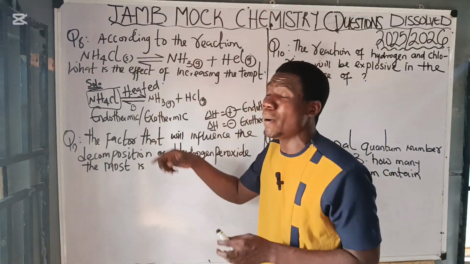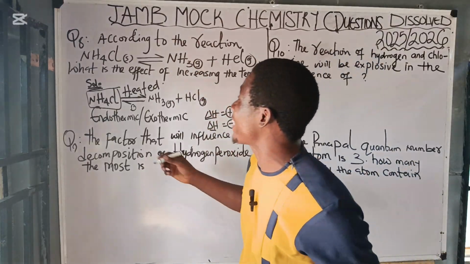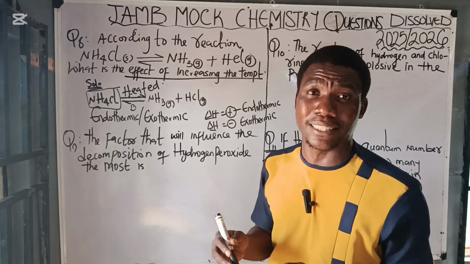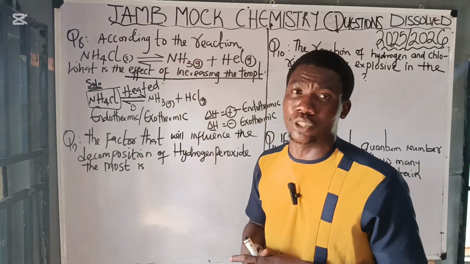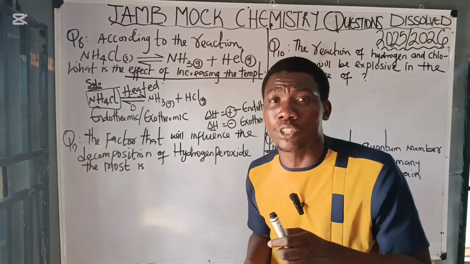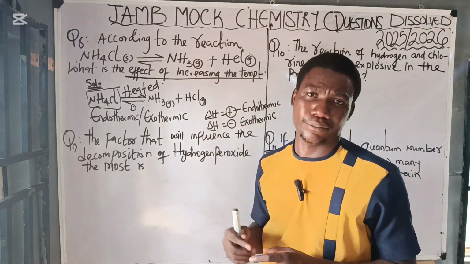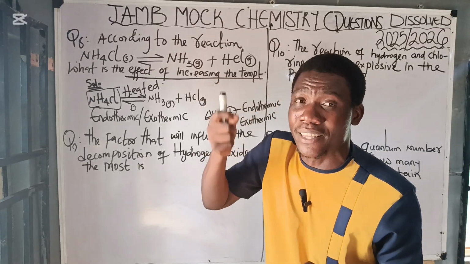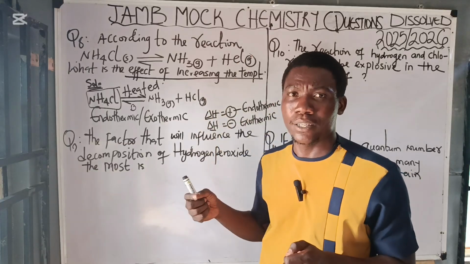Now, if this reaction happens to be endothermic from our analysis, it means that if I increase the temperature, don't forget, you can take your book and your pen, write it down. In an endothermic reaction, increase in temperature will shift the equilibrium position to the right. Yes, in an endothermic reaction, increase in temperature will shift the equilibrium position to the right.